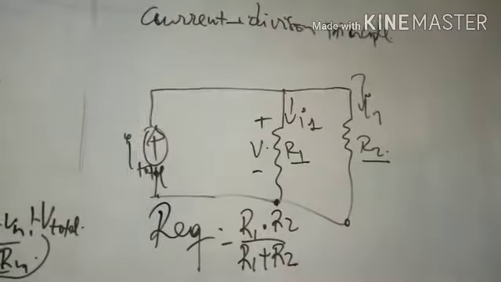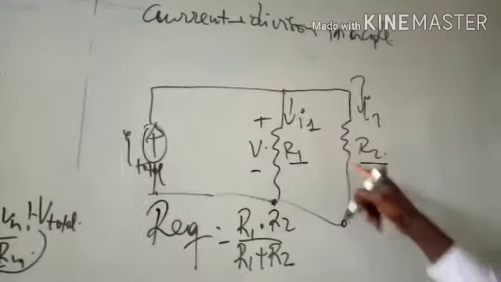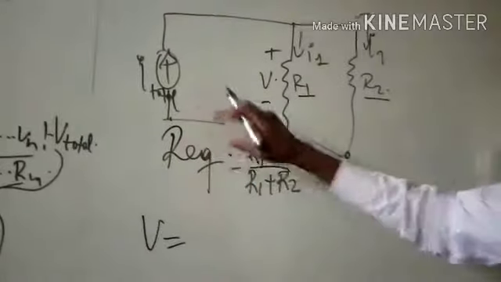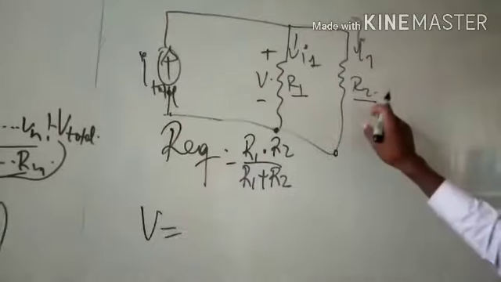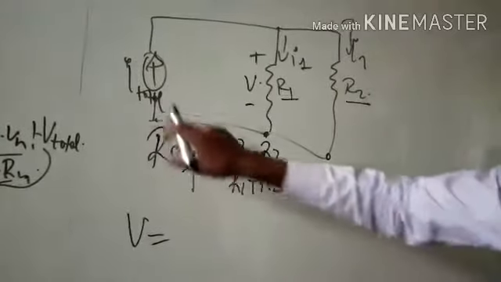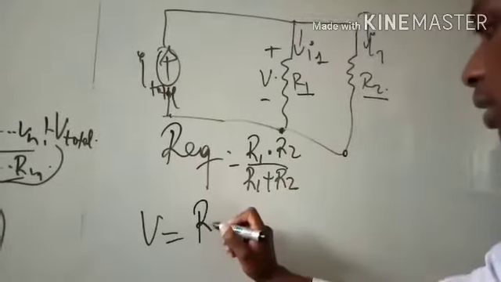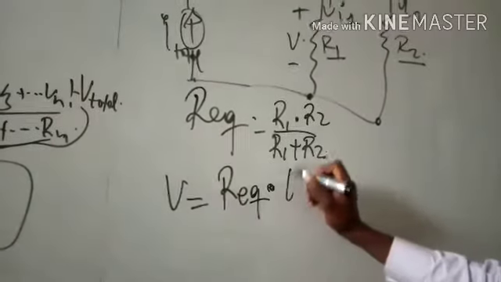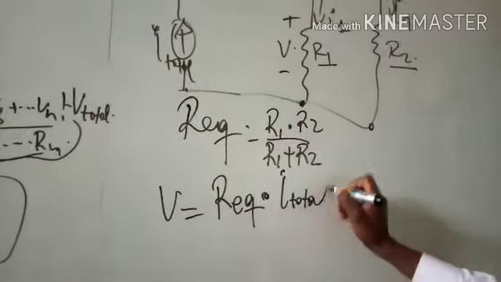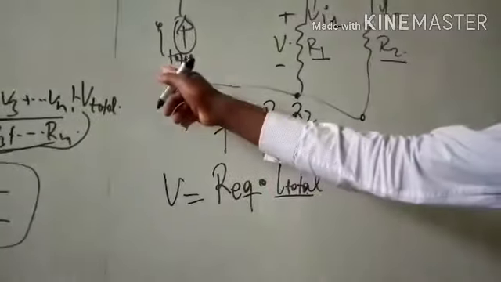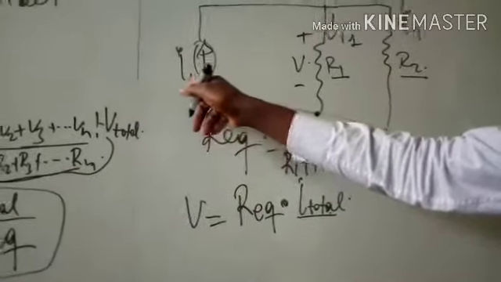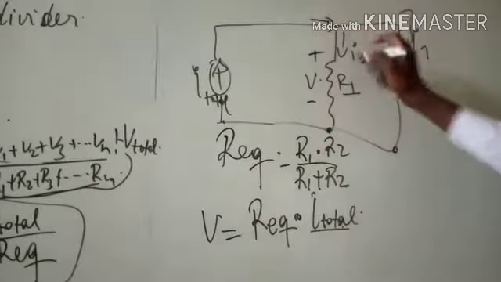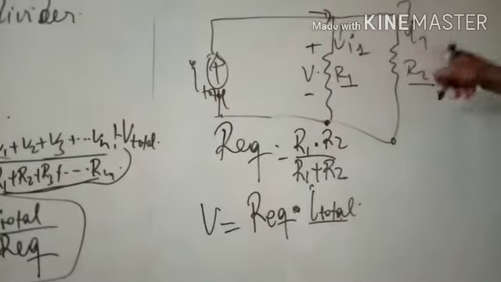For the current division, we know that the voltage for the total resistance is equal to R equivalent times the current total. This is the current total. This is where the current starts, at this point, and it will give us current 1 and current 2.